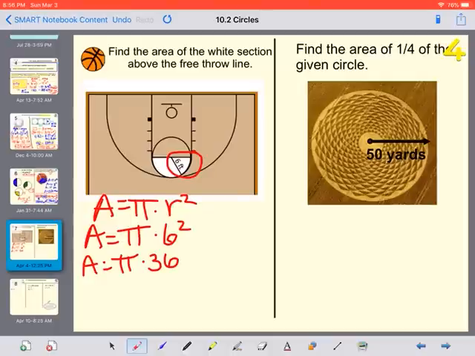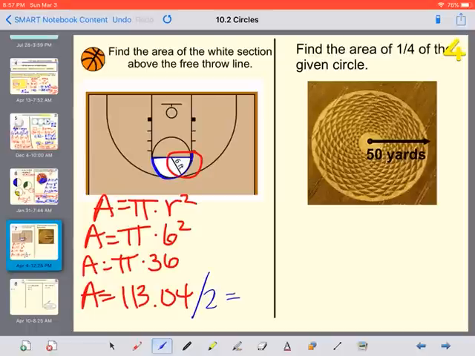So pi times 36 gives us 113.04. But we only want half of that, so we're going to divide by 2. We don't want the area of the whole circle, only half of it.